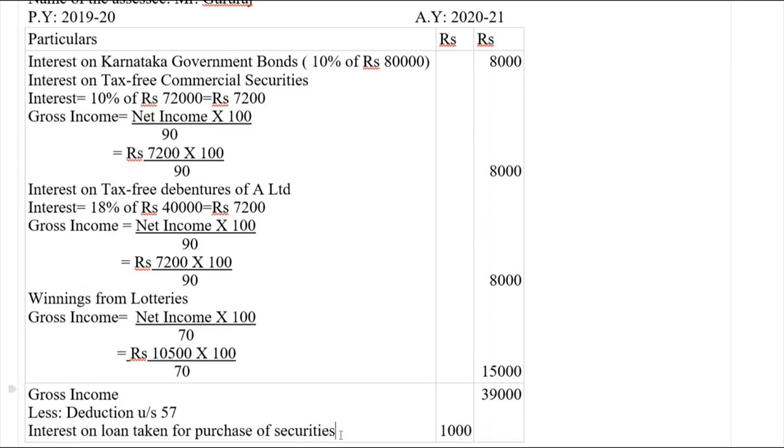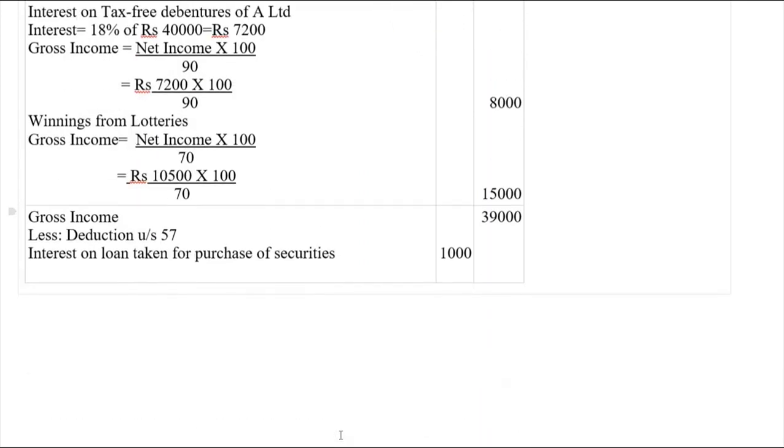Similarly, collection charges paid to banker, which is given as rupees 100. So the total deduction comes to 1,100.